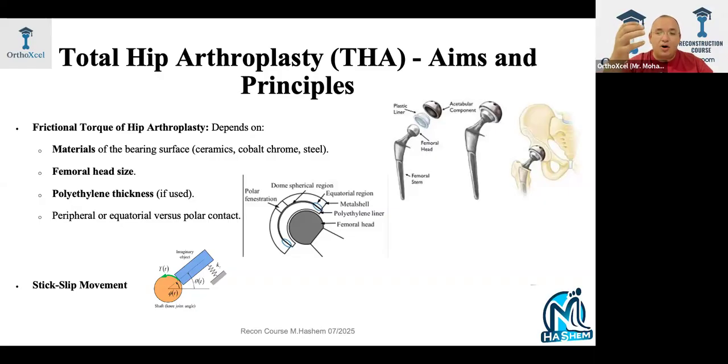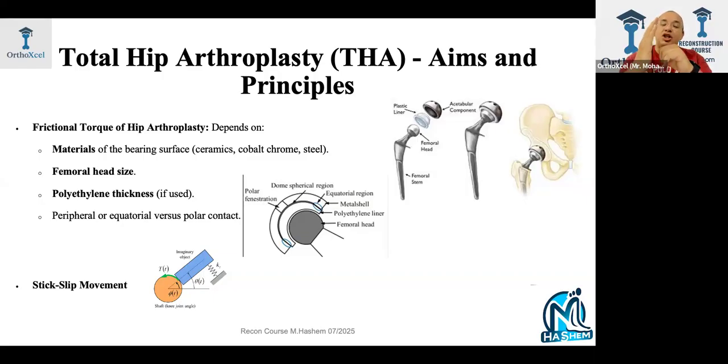One of the things which determines what will be the frictional torque of your hip arthroplasty is your surgical technique. How come my surgical technique changes the frictional torque of the hip arthroplasty? Imagine with me, you put your hip in, everything was organized and done properly, but you have opened your cup. So you put your cup a bit open, meaning it's in a higher inclination, about 50-degree inclination.